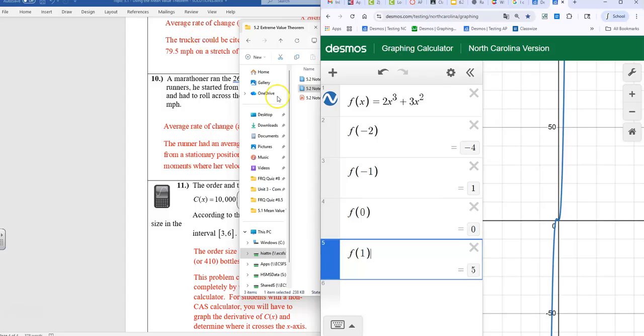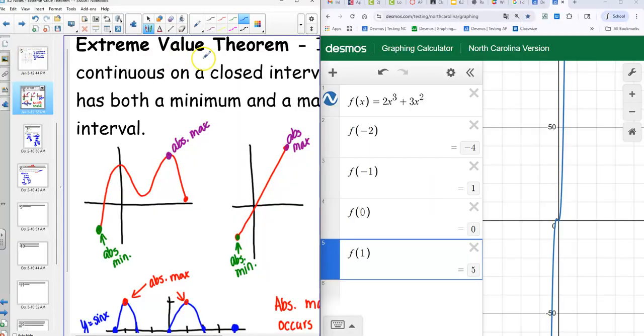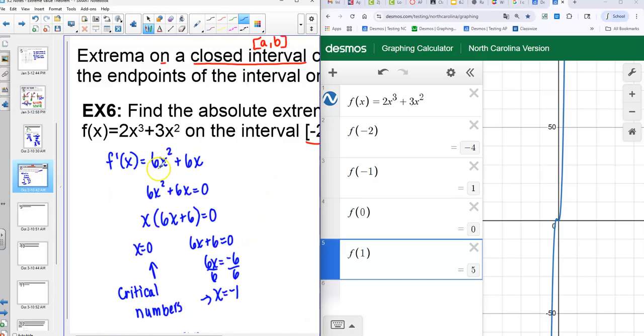If I look at what I've got in Desmos here, now if it's calculator inactive, you'd actually have to work it out. But let's pretend we're not going to go through that whole process because it would take forever. So f of -2 equals -4. f of -1 equals 1.